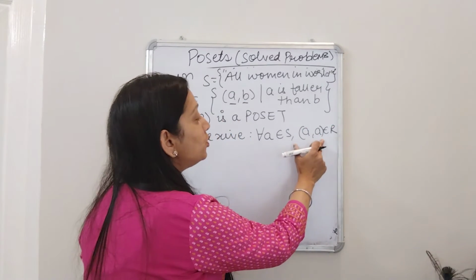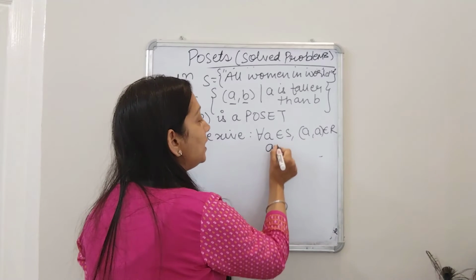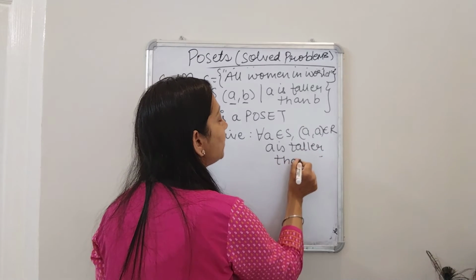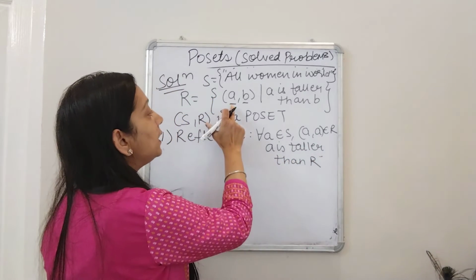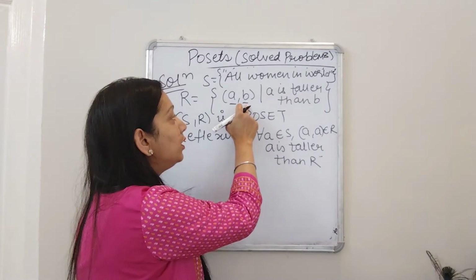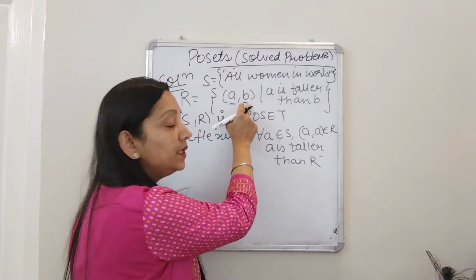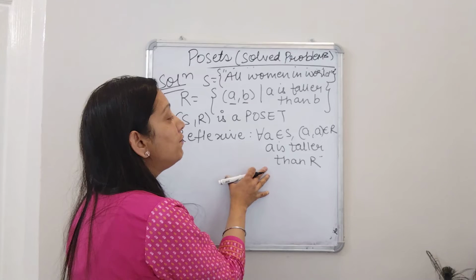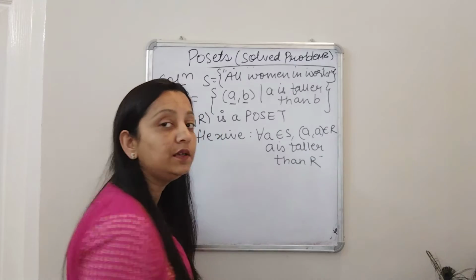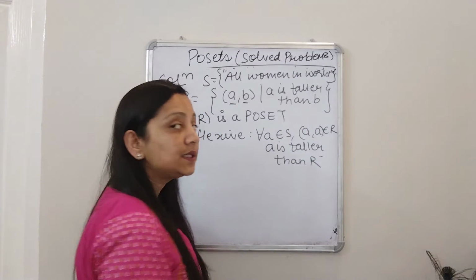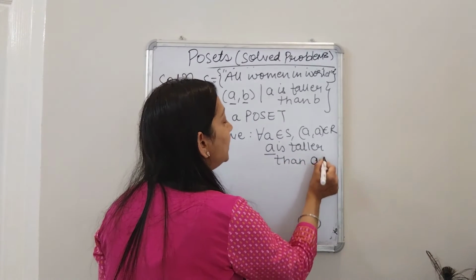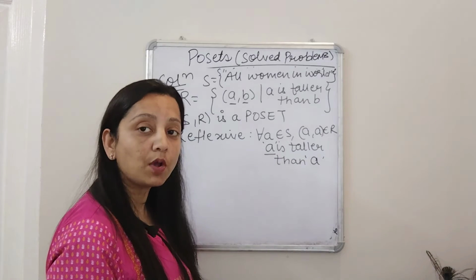Now if AA belongs to the relation set, that means A is taller than A, because this is the criteria for the formation of the relation, that the first woman in the ordered pair must be taller than the second woman in the ordered pair. So as per reflexivity, for all A that belong to set S, the ordered pair A comma A must exist in the relation. So if A comma A exists in the relation, this would obviously mean that A is taller than A, which is not possible.